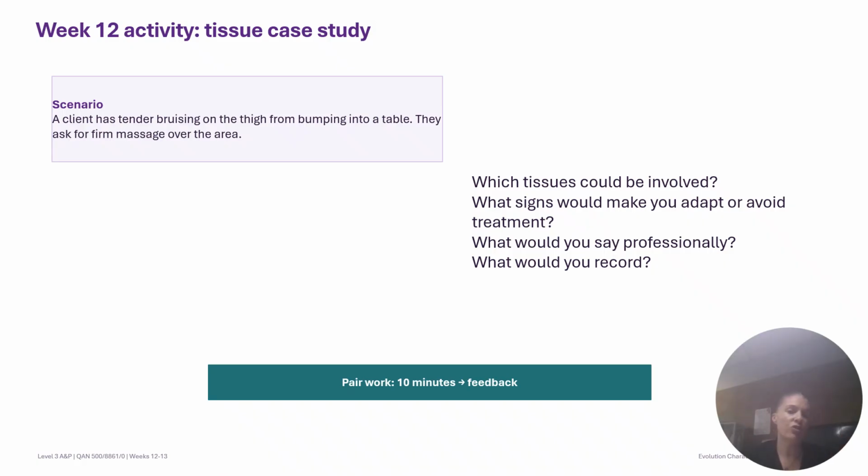We can go into nutrition if you've got that nutritional qualification. And as for beauty therapy, we are still going to feel around the area, speaking to the client, asking them how they feel, adding the pressure as we go along. Okay? Record anything that the client feels discomfort with, but do not add more pressure to that area.